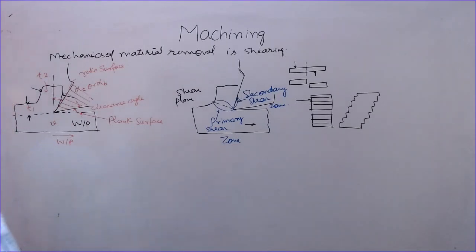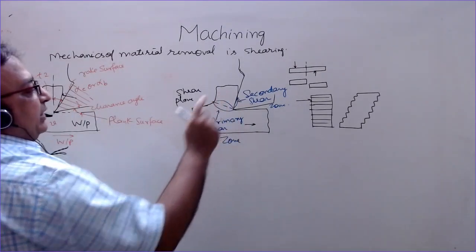So the material is removed by the mechanism that is known as shearing, and the shearing occurs here along different planes. There are two planes ideally. One is primary shear plane. Actually these are more than one, so there are two here, two or three, and this plane is secondary shear.